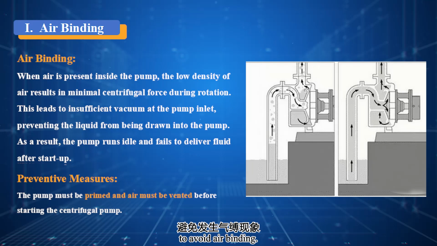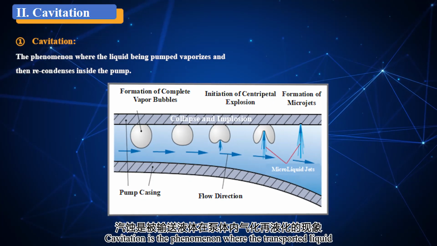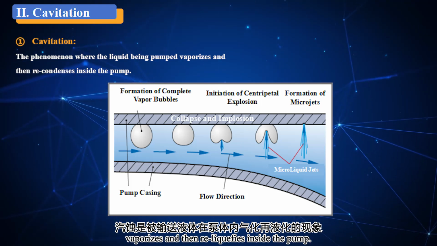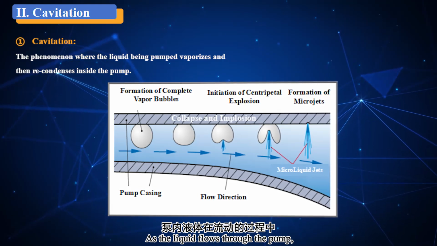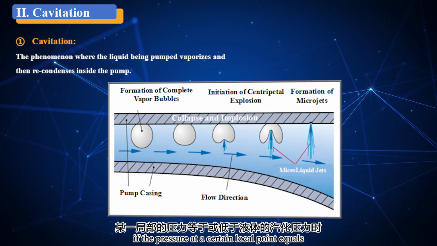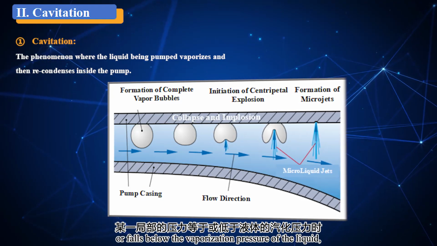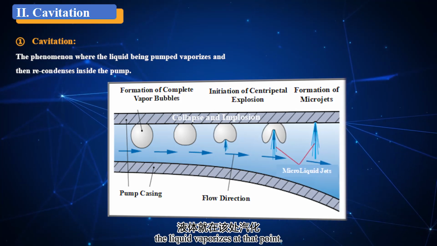To avoid air binding, cavitation is the phenomenon where the transported liquid vaporizes and then reliquefies inside the pump as the liquid flows through the pump. If the pressure at a certain local point equals or falls below the vaporization pressure of the liquid, it vaporizes at that point.